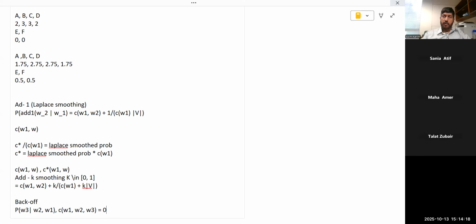So then you check for the lower n-gram, which is the 2-gram, W3 given W2.